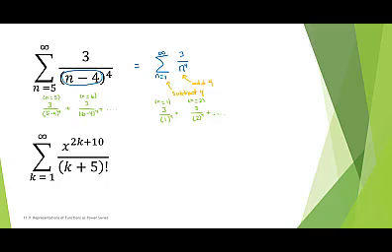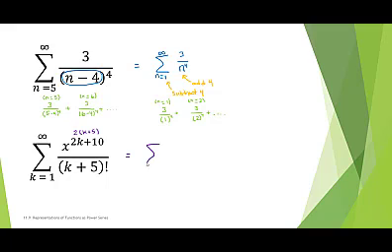Let's look at this example. I have the sum from k equals 1 to infinity of x to the power 2k plus 10 divided by k plus 5 factorial. What I am observing is that we have k plus 5 in the denominator, and if we factor out a 2 in this exponent, we have 2 times the quantity k plus 5. So it might be desirable to eliminate the k plus 5 in those two places and instead have just k in each of those places.